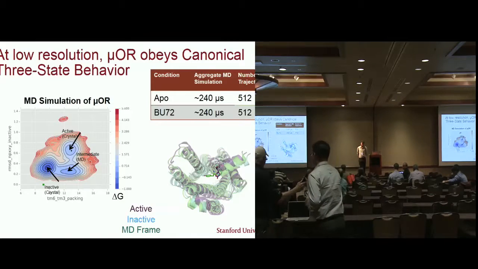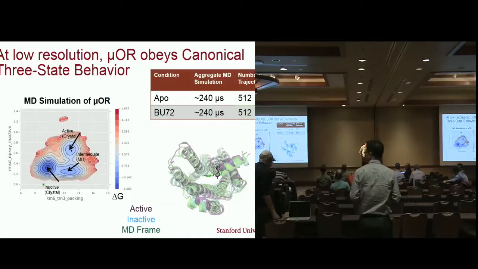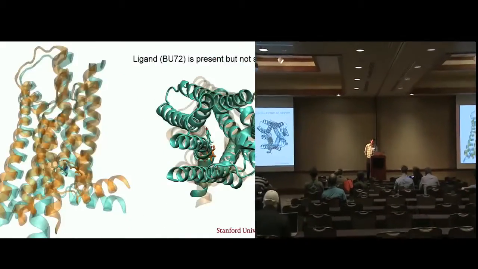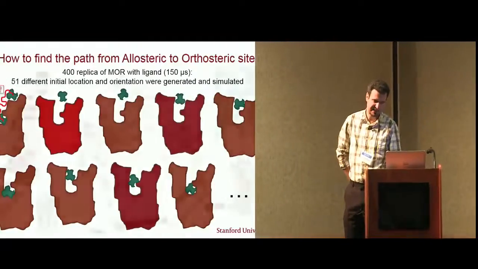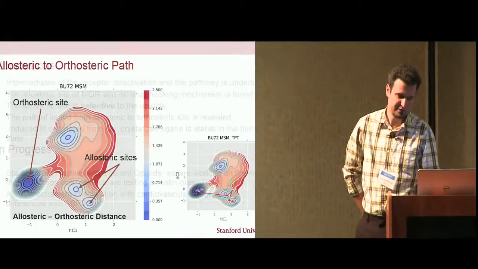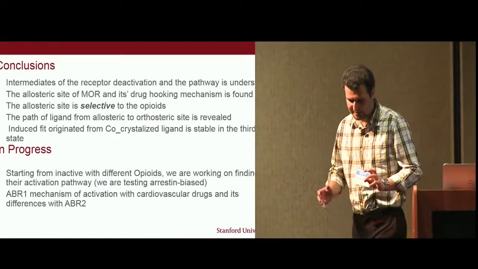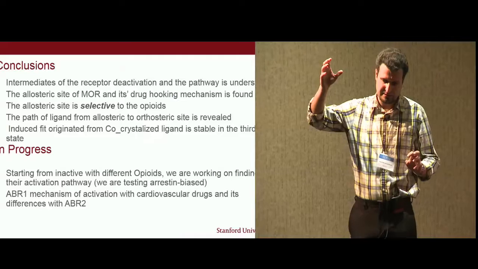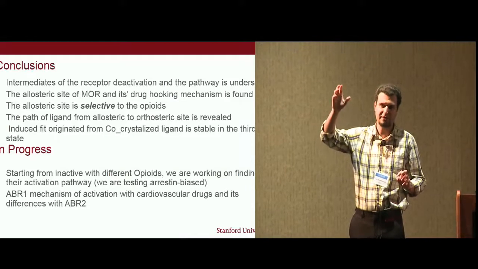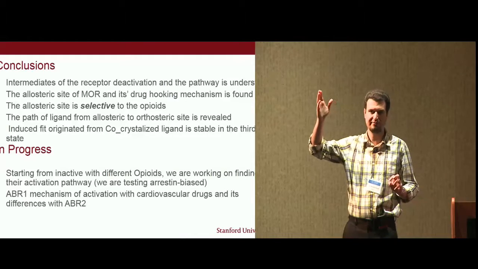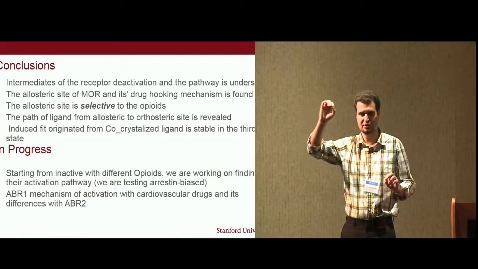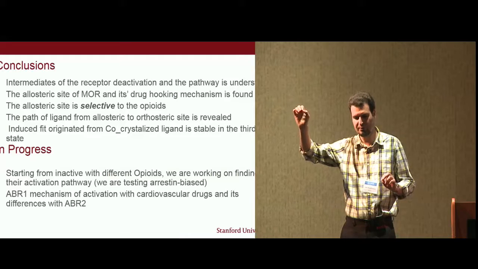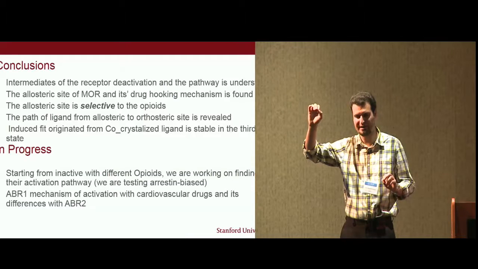Yeah, that's a very good question. As I mentioned in the progress part, we have all these beautiful intermediates, and each of them is acting like a new crystal structure for us. What we are doing right now is we have assay data for different compounds which score very well, and we know which of them is arrestin biased, or which is fitting to a μ-opioid receptor, or which is a cardiovascular drug, and they have a score and ranking.